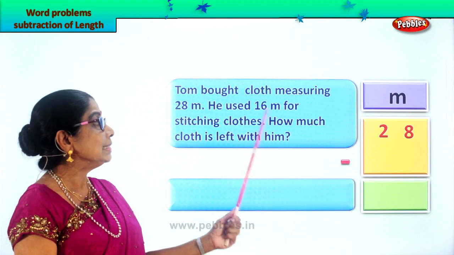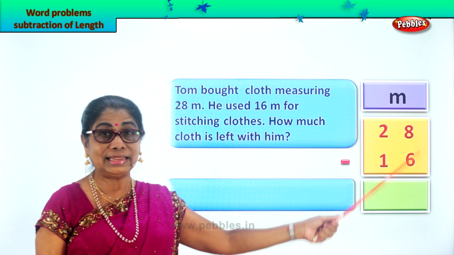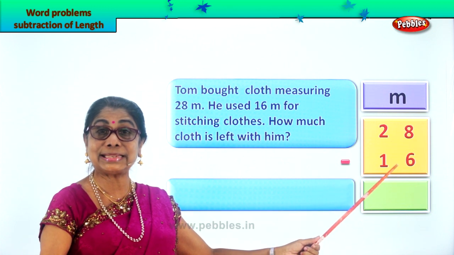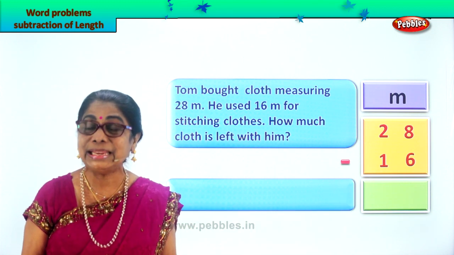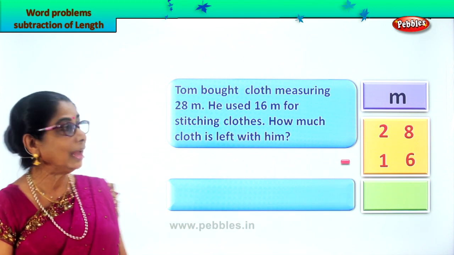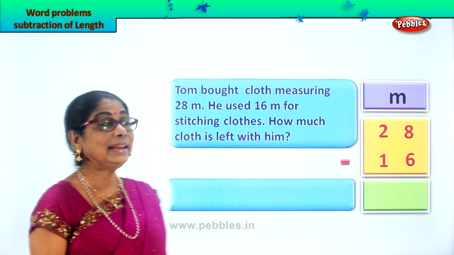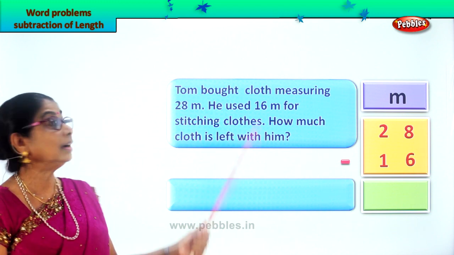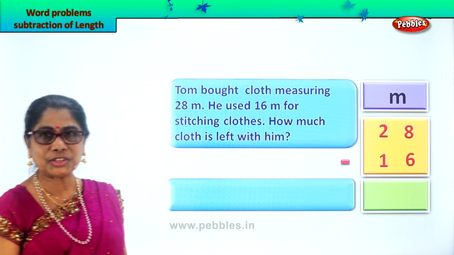He used 16 meters. So minus 16. The total is 28 and what he used is 16. So minus 16 meters. Now when you subtract 28 minus 16, that answer will be the length of the cloth left with him. Shall we do the subtraction?